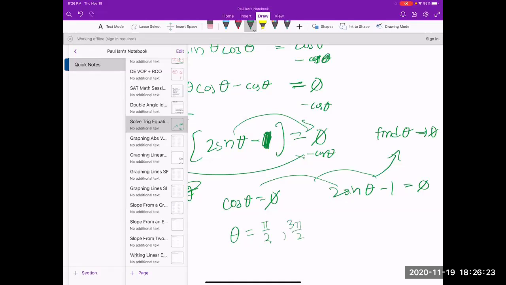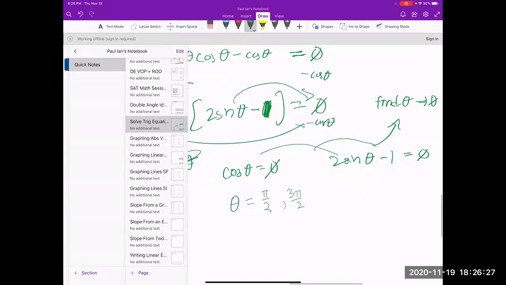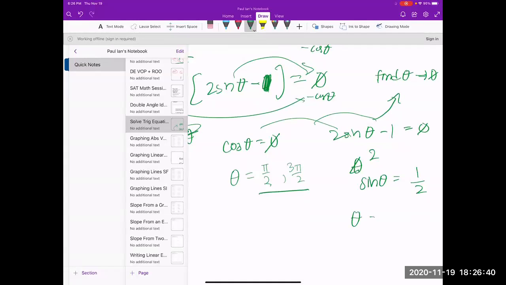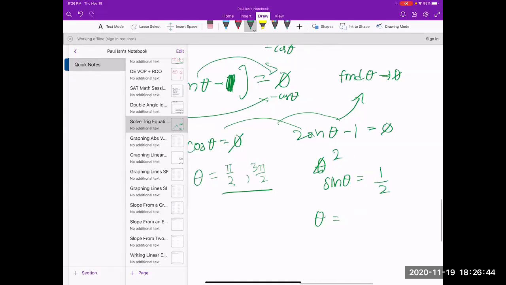And this is from 0 to 2 pi. Yeah, this is from 0 to 2 pi. So in 0 to 2 pi, it's going to be these guys for cosine. And then for this other one, you could do sine theta equals 1 over 2. Where is it positive? This one, you could either remember it, or you already know how to do your unit circle.